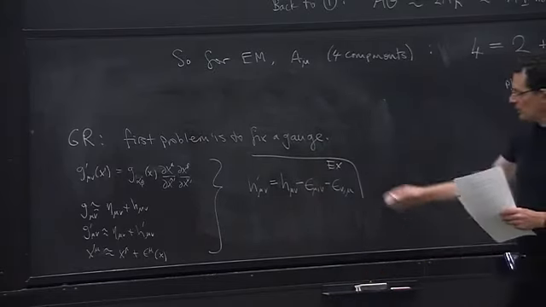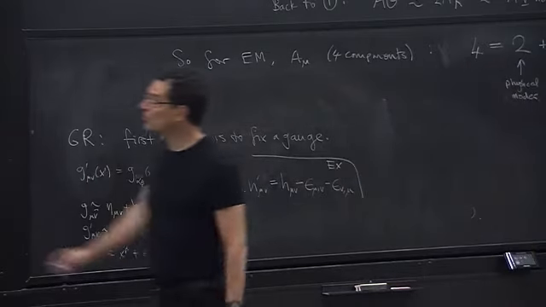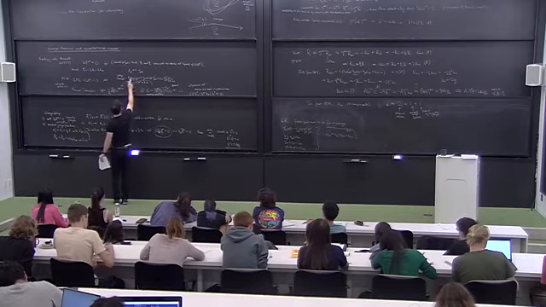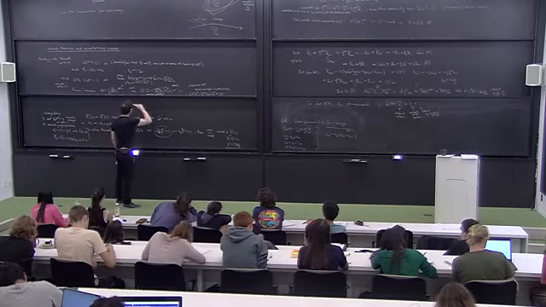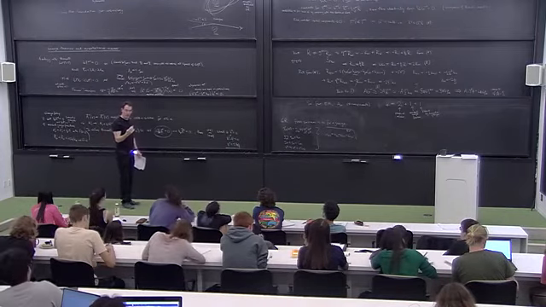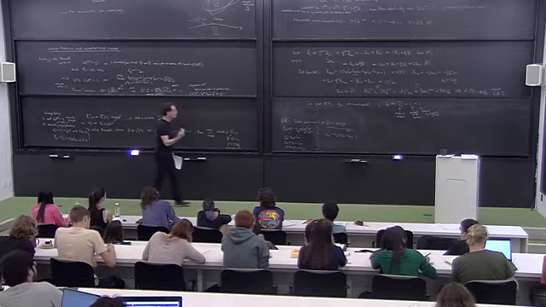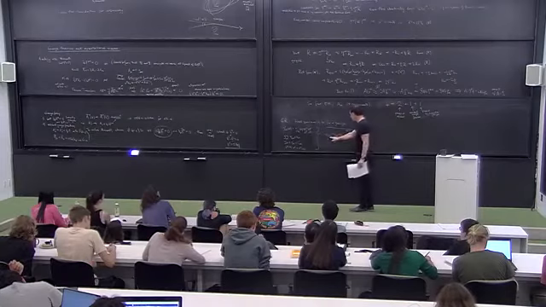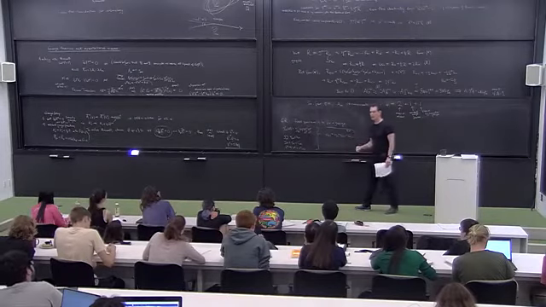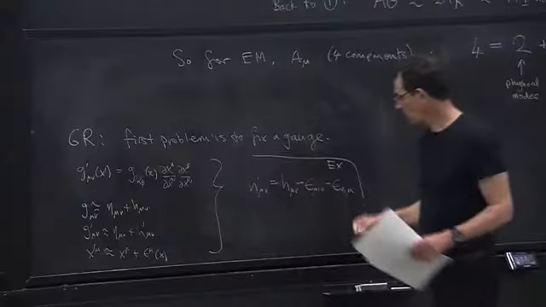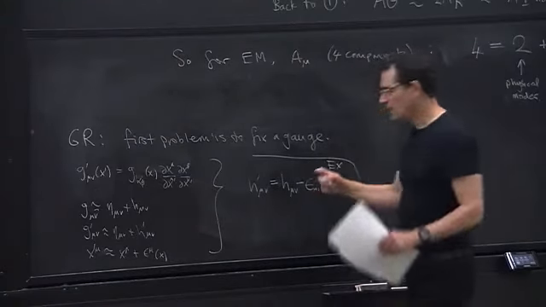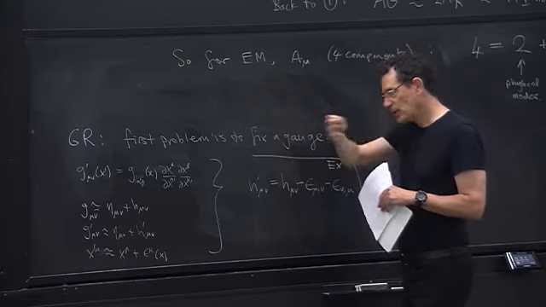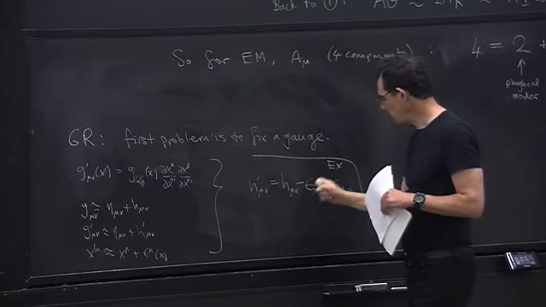Okay, so this is really analogous to this equation up here. A goes to A mu plus d mu theta. A has a single vector index, theta is a scalar. This is more or less identical, except the h has two indices and the epsilon is a vector. So that means that instead of a single gauge degree of freedom, this theta quantity in electromagnetism, we have four of them.